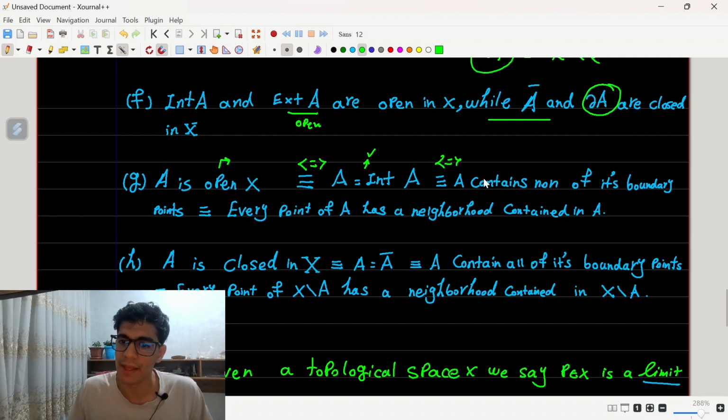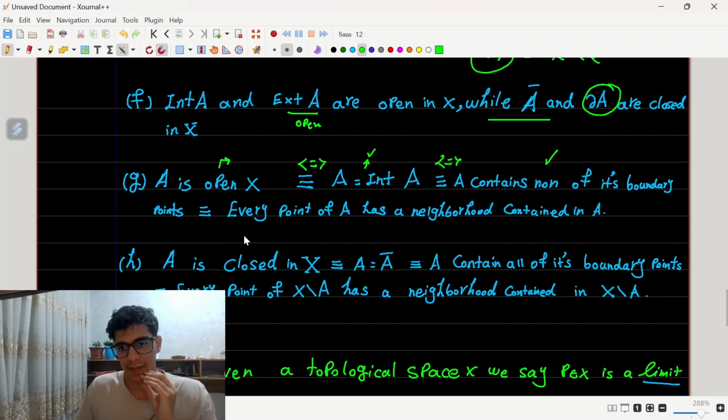So yeah, this is really trivial. A contains none of its boundary points. Then again, we use the fact that every point in A has a neighborhood around it that doesn't cut the boundary, and that's the job.